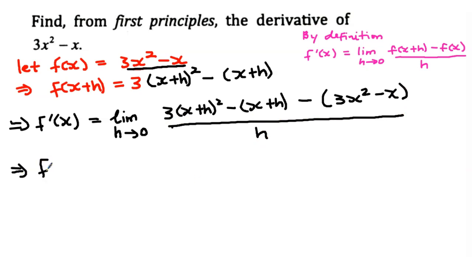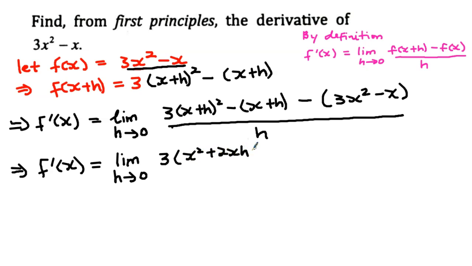This implies that the derivative of x is equal to the limit as h approaches 0. We are going to expand this one, and from our first video we can use the binomial expansion, which is going to be x squared plus 2xh plus h squared, minus.